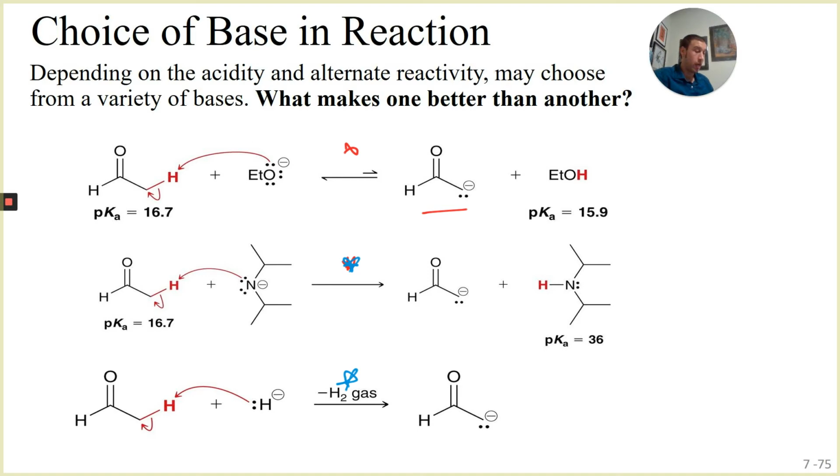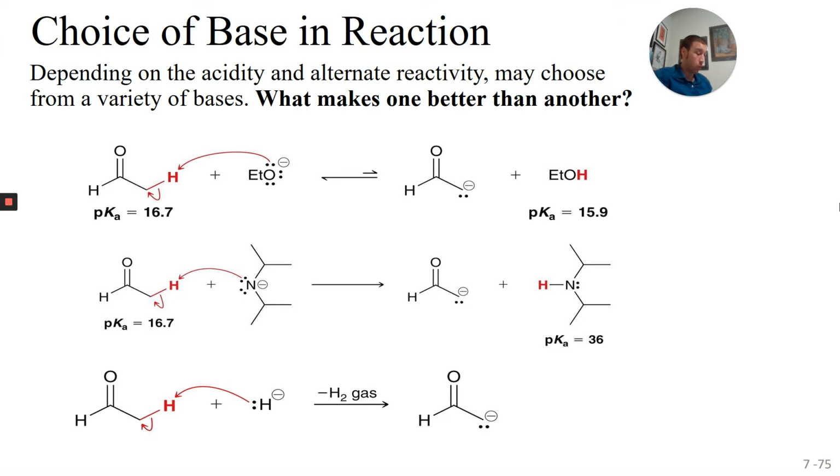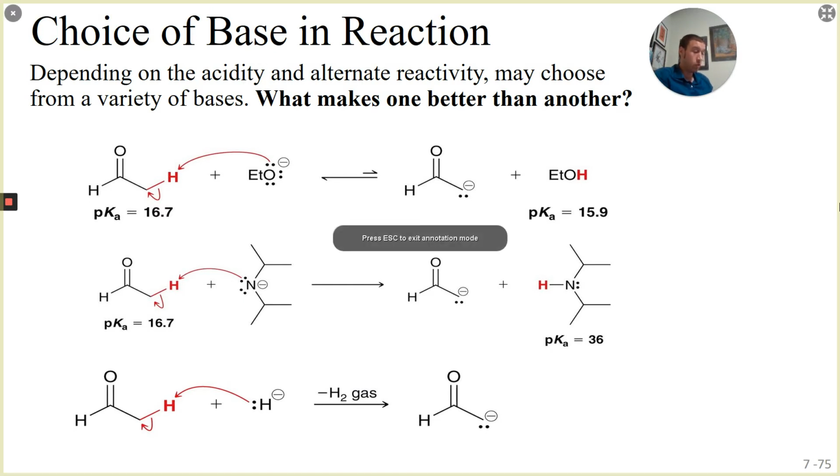They solely favor the product. So there's a significant difference in the base strength there that really only projects that reaction one way. Okay? Said another way, when we use ethoxide, the reaction is reversible. When we move to LDA, it becomes irreversible.